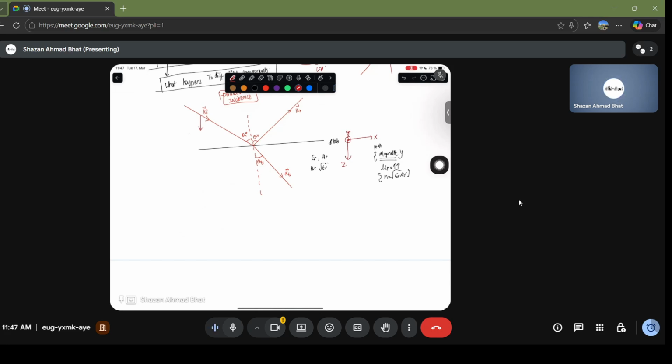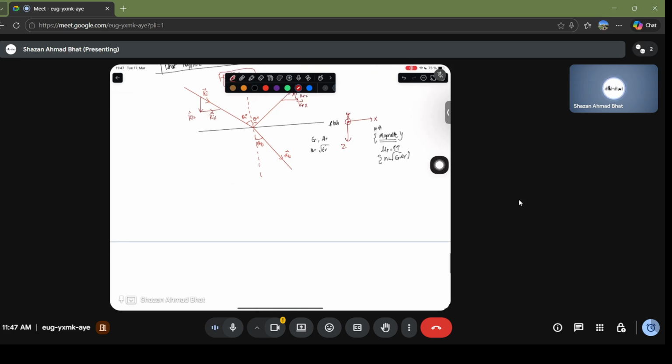So we have the kiz component, and then we have the kix component. Similarly, here we have the krx component, and then we have the krz component. And we have the ktz component and the ktx component.